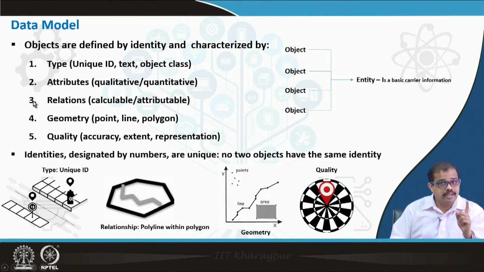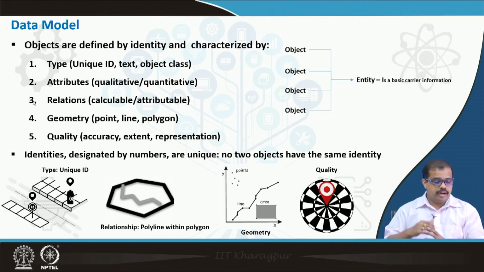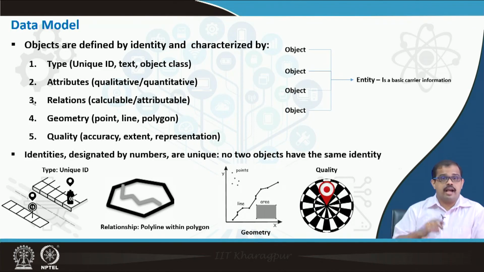Then you have a geometry connected to it, point, line or polygon, and you have quality, that is the accuracy, the extent and representation. So how do you understand what things are there in this data? You should remember what I had already spoken about: you will always have metadata.